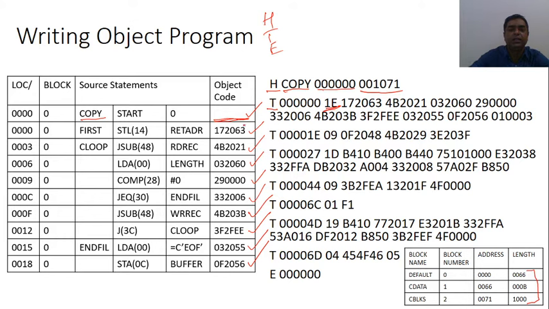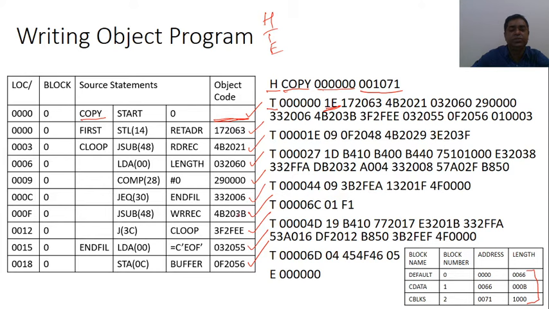Now after this we have to write the object code only. The first object code is 172063. Next 4B2021. Next 032060. Then 290000. Then 332006.